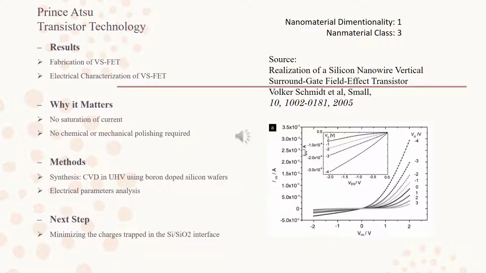So by chemical vapor deposition, silicon dioxide was deposited, followed by aluminum, and then by polyamide. The aluminum acts as the source.